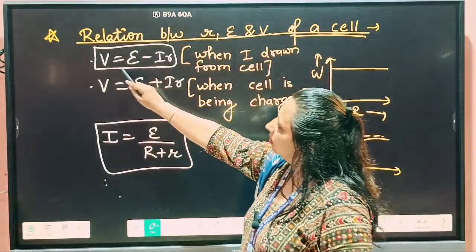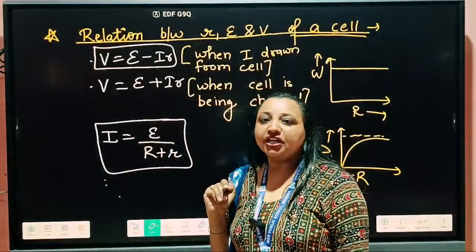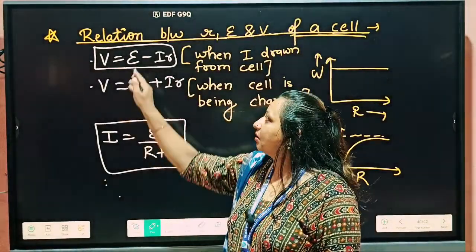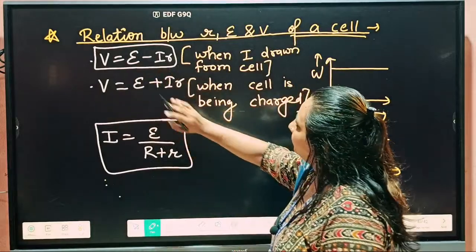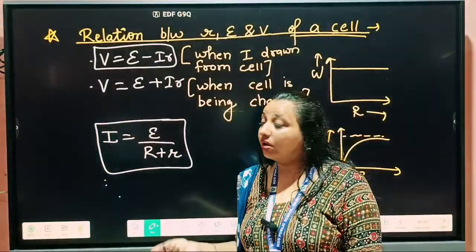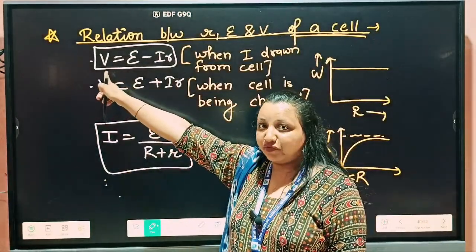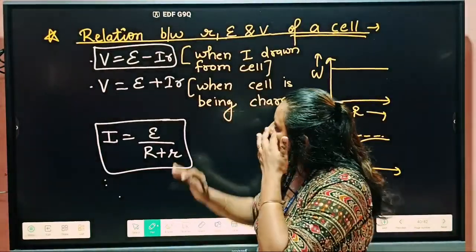This relation shows that the terminal potential difference is less than the EMF. This is the relation when current is drawn from the cell.